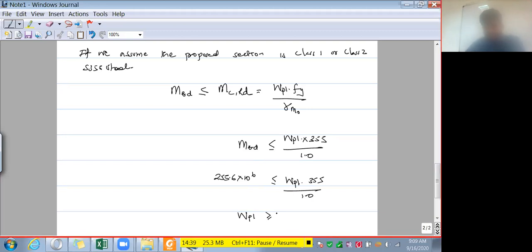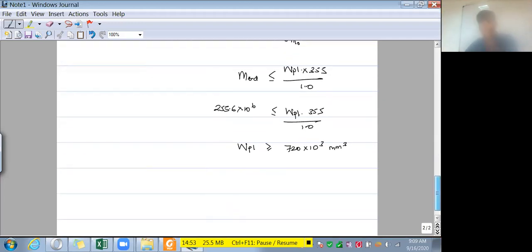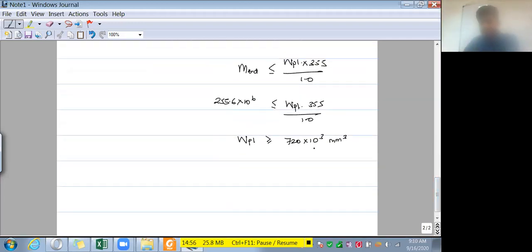That is 720 into 10 to the 3 millimeter cube.